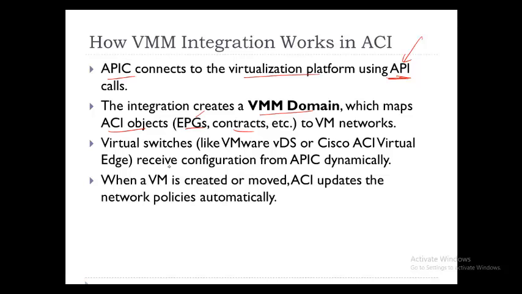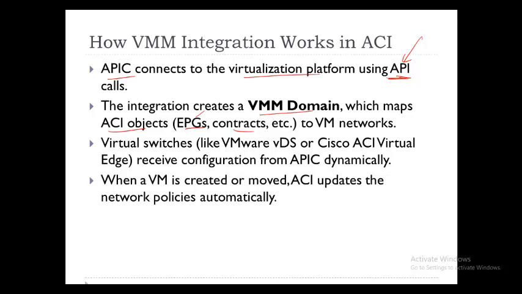Simple. What they are trying to tell us is, with this VMM integration, you can configure on ACI the same as what you used to configure for a physical device that connects to the ACI fabric. Even though it's a VM, you will have visibility to those VMs, which are not physically connected to the leaf.